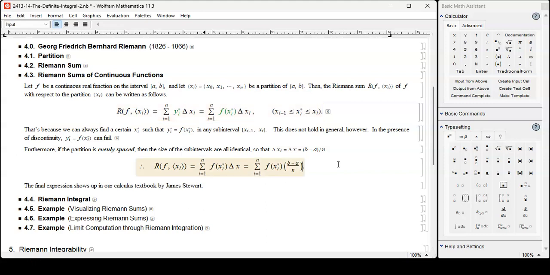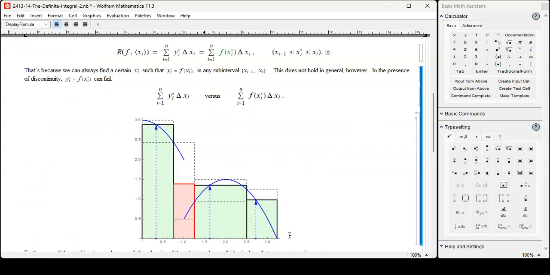This one here, considered by our textbook author, is a bit too specific in my taste. Just evenly spaced intervals only, and that causes some problem, especially if you have discontinuity that can come anywhere, and then if you consider evenly spaced, there's no guarantee that one of those partitions will hit this discontinuity directly, so that we have continuous pieces here and there.